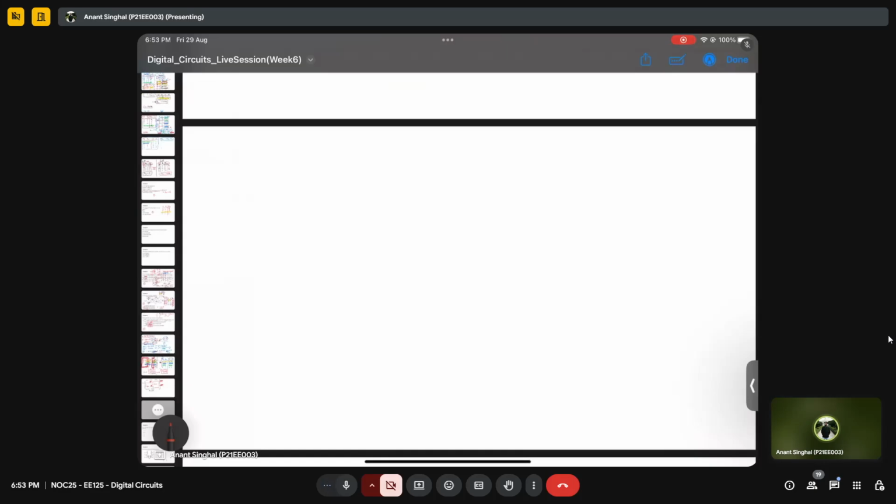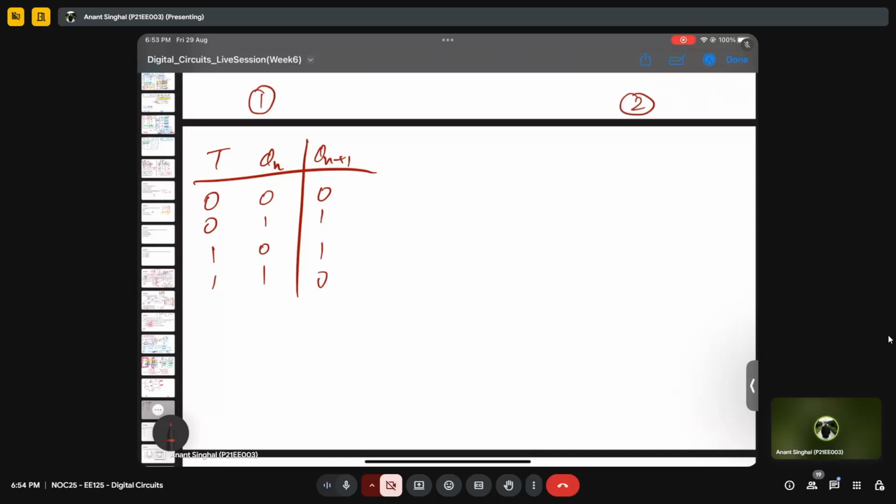So the step 1 was to make the characteristic table of the required flip flop. For the T flip flop, it is XOR, so it is 0 1 1 0. So this is the first step. The second step was to make the excitation table of the available flip flop, that is JK.